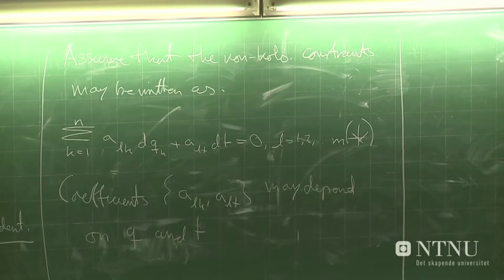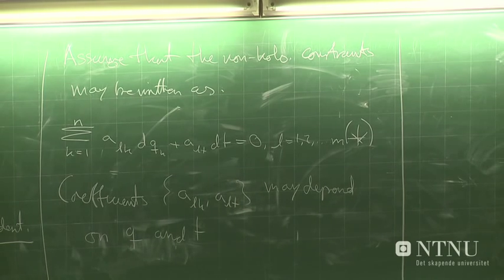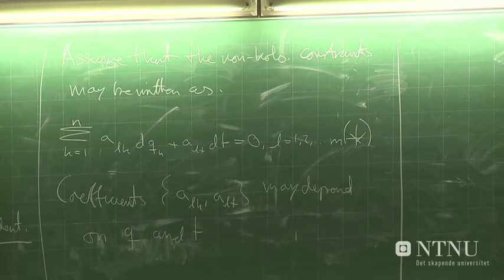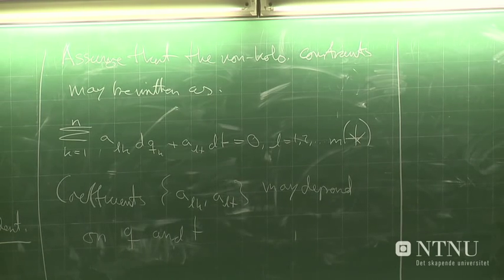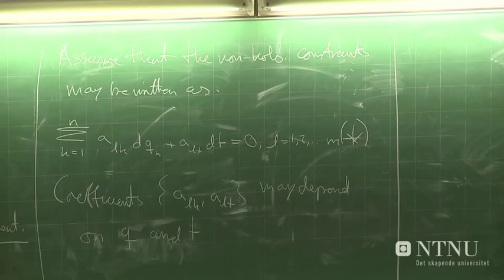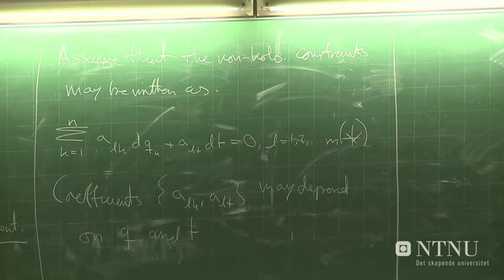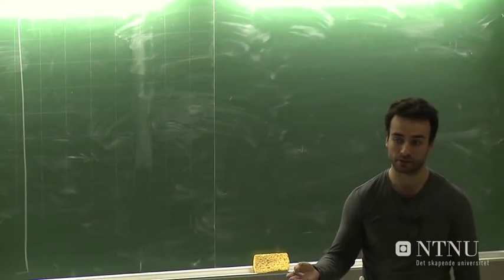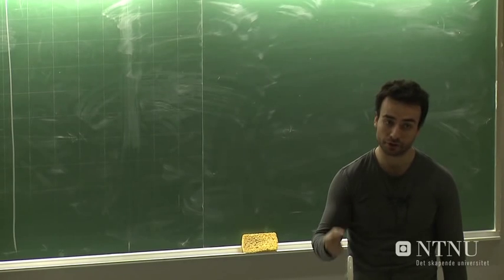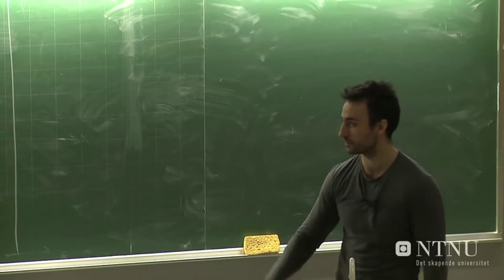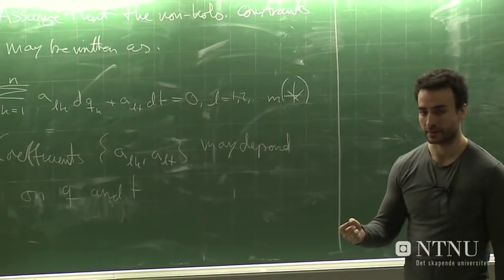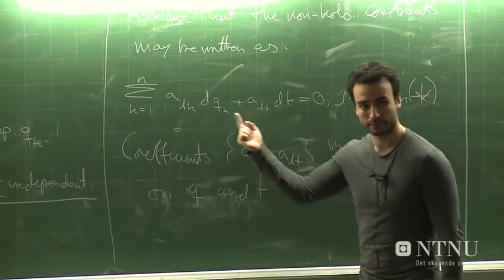If we want to use Hamilton's principle, or even derive Lagrange's equations from a differential principle as we did initially, using these virtual displacements del q, we defined the virtual displacement as an infinitesimal change in q which had to be in accordance with any constraints in the system. This makes it different from a usual differential, which is just a mathematical construction, so you can vary it in any direction. But the virtual displacement has to be in accordance with the constraints in the system. So if we want to make use of these del q's, they have to be in accordance with this constraint at a fixed time.